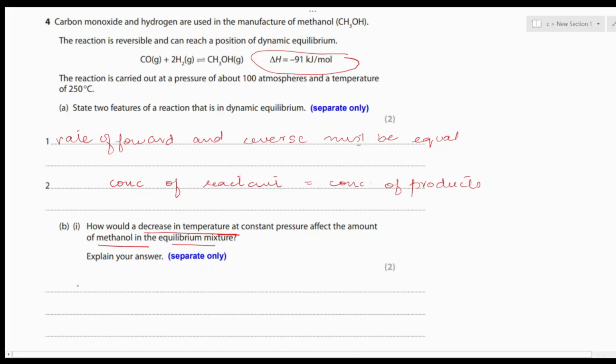So would methanol increase or decrease? Exothermic, decrease in temperature. Okay, wait. Let's go back.